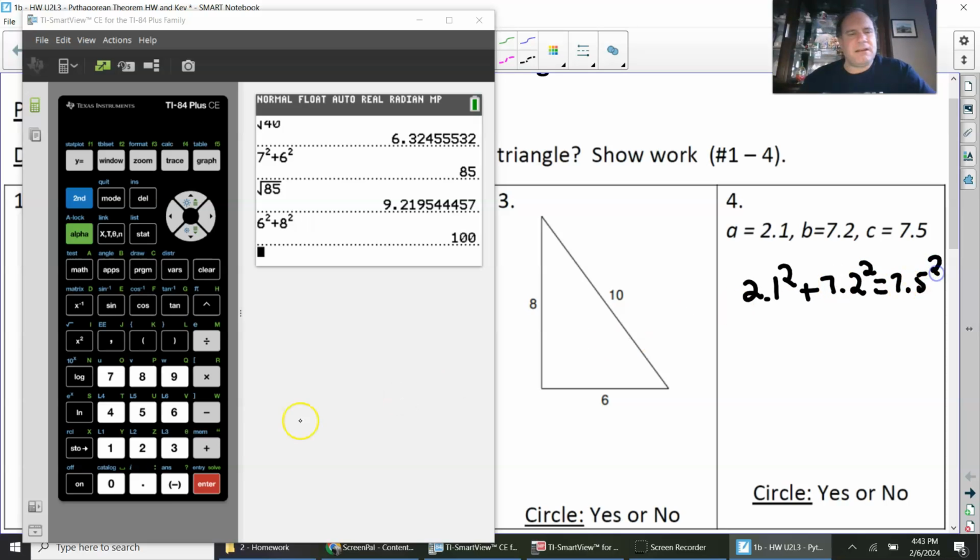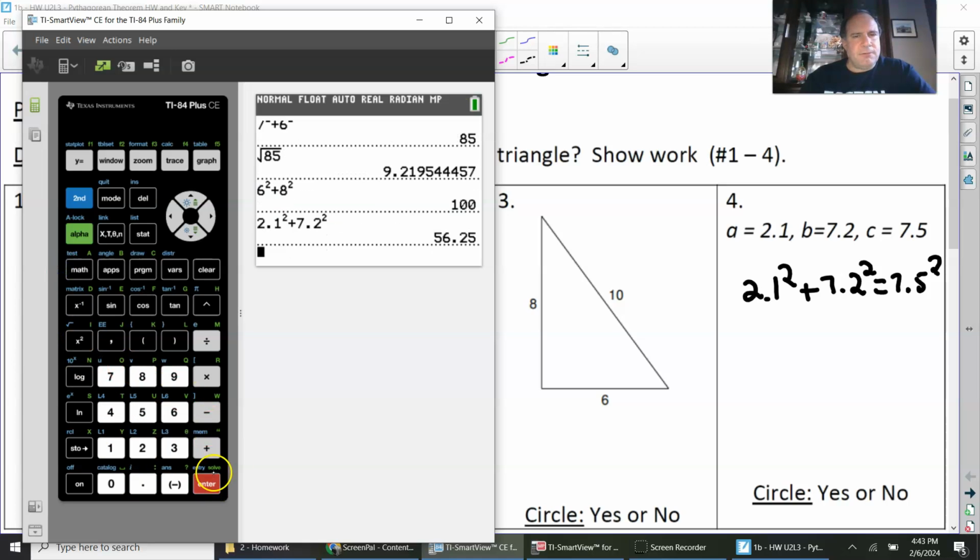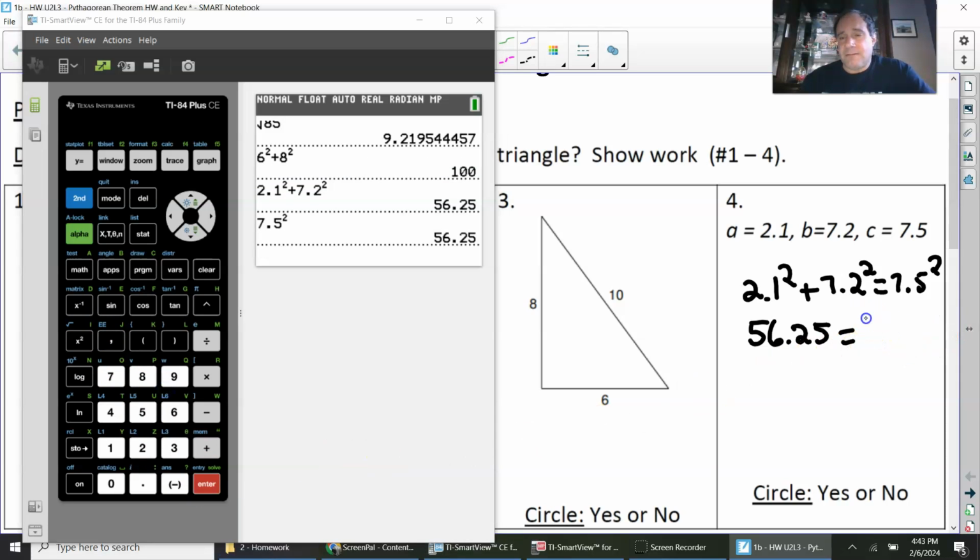And we're going to see if that equals out. 2.1 squared plus 7.2 squared, and that equals 56.25. And then 7.5 squared is 56.25. So this is a yes.